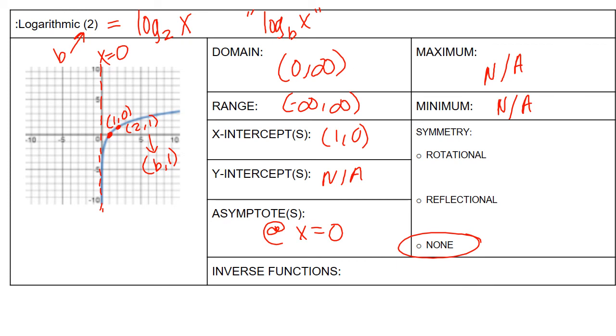And my inverse function for all of these would be b to the x. The inverse for the specific function I have here equals 2 to the x. Because what is our b value? 2. And those are your logs. An exponential note.